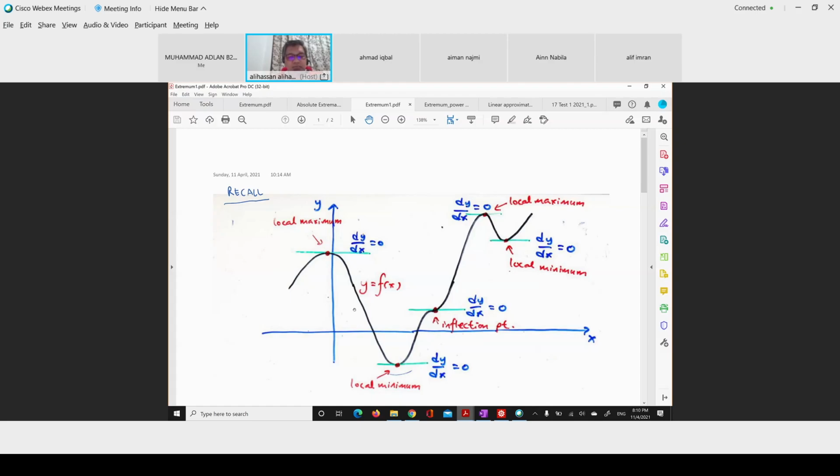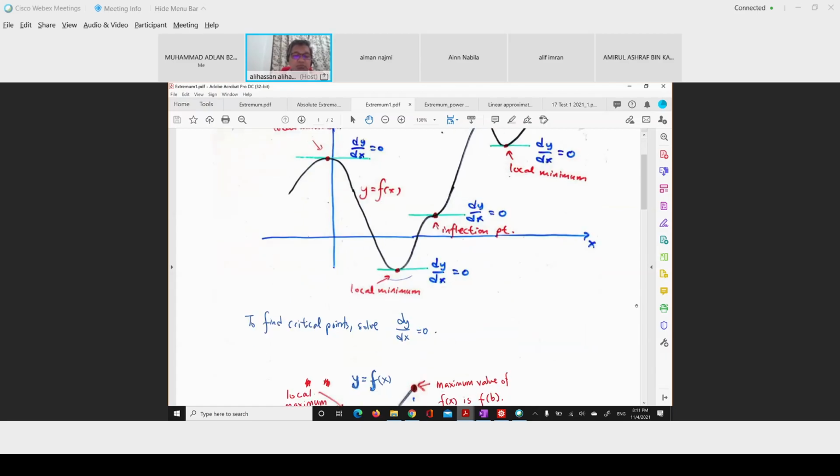Because at the maximum, minimum or inflection point, the tangent line at the extremum point is a horizontal line. A horizontal line has zero derivative. So to determine the extremum points of y equal to f of x, we solve dy/dx equal to 0. This is what you have studied.